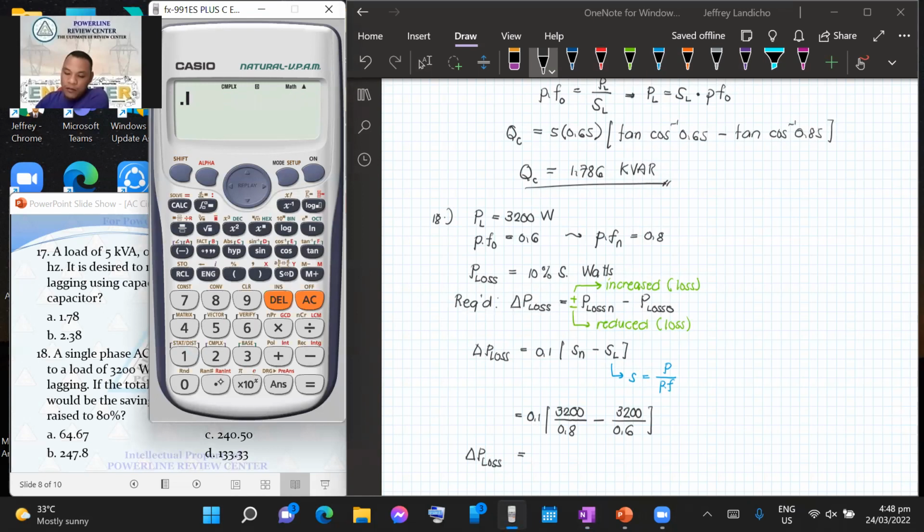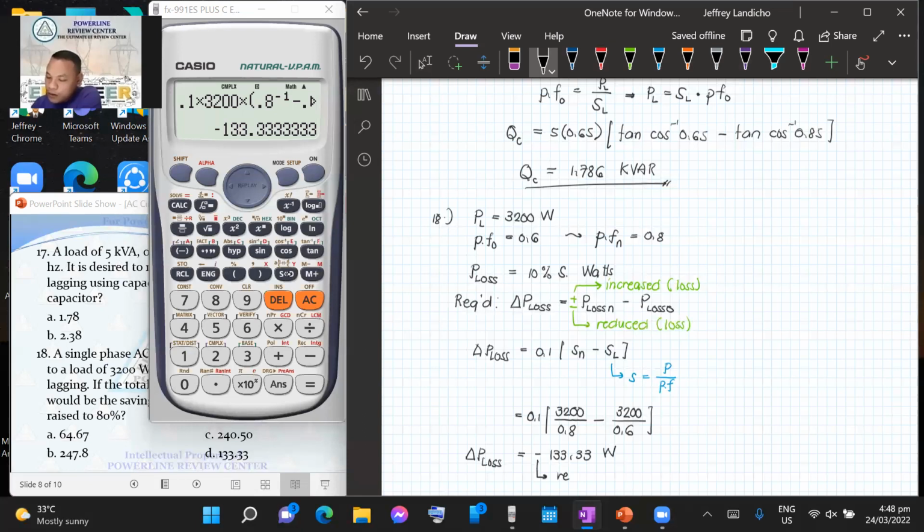So, pwede ko na sabihin, 0.1 times 3,200 multiplied na lang ng 0.8 inverse minus 0.6 inverse equal. So, negative, ibig sabihin, power is being reduced. So, you have negative 133.33 watts. So, ibig sabihin ng negative, reduced.